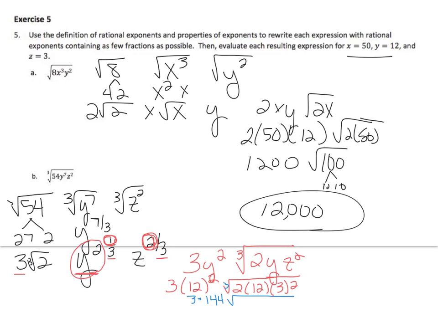Times the cubed root of 2 times 12 times 3 squared is 216. Which gives us 3 times 144 times 6. 2592. That's a 216. There we go.